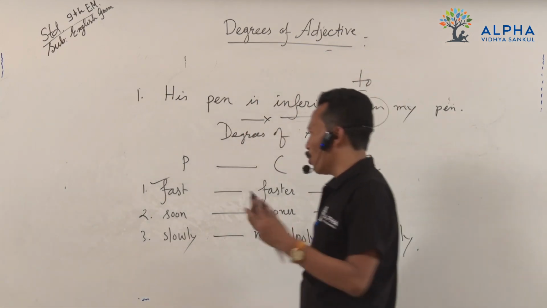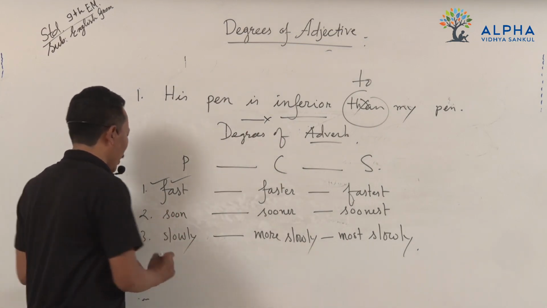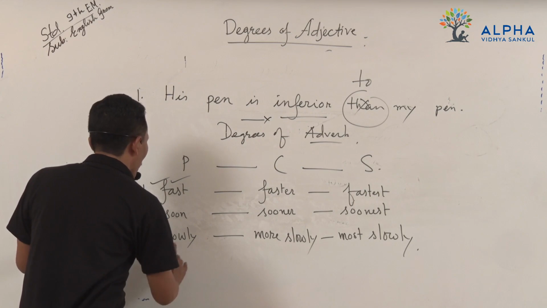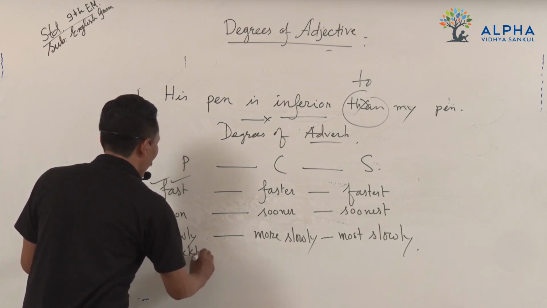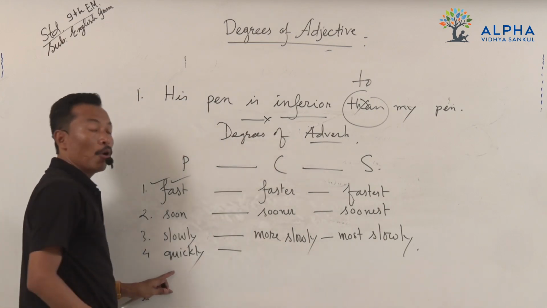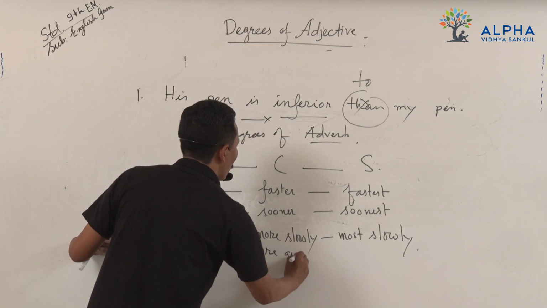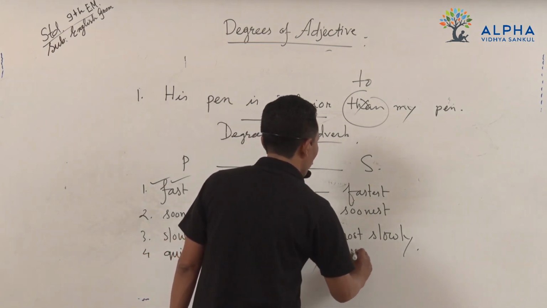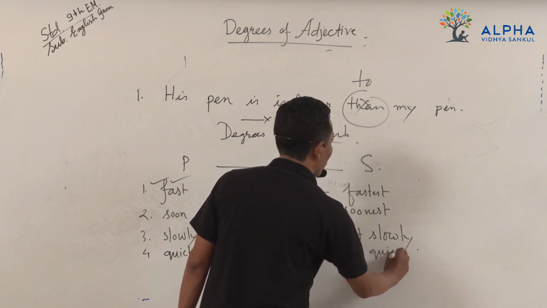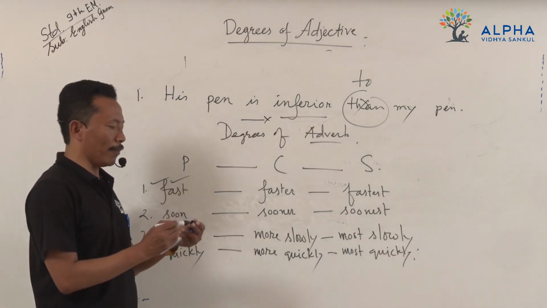The rules are same, but the words are different. Fast is not adjective, it is the adverb. Soon, slowly, and you can say quickly. Quickly, quickly. Then you have to say it has more than 1 syllable. We have to apply more, more quickly, most quickly. Now these are the examples of the degrees of adverbs.